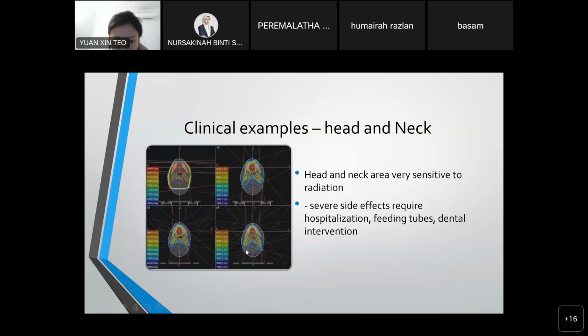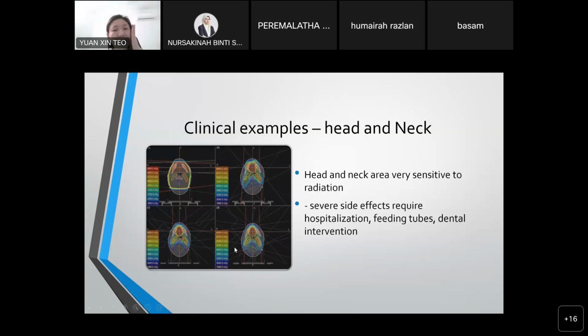As you can see from picture D, they have saved the cord dose, and these two are our parotid glands. So we can also reduce the dose to the parotid glands. The target is here, this red color, this is a CA tongue case. So the tongue will receive a very high dose, while we reduce the dose to the cord.